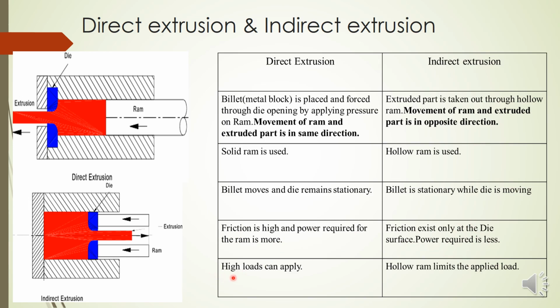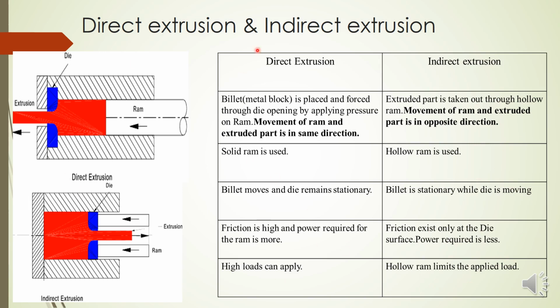And another difference, in direct extrusion you can apply high loads, heavy loads. But in indirect extrusion this ram is hollow, so you cannot apply a very high load because it will result in breaking of die or ram, etc. So high load we can apply in direct extrusion, but in indirect extrusion we cannot apply that much load.